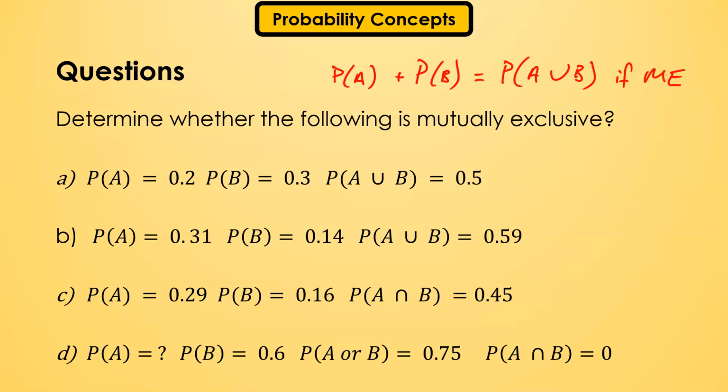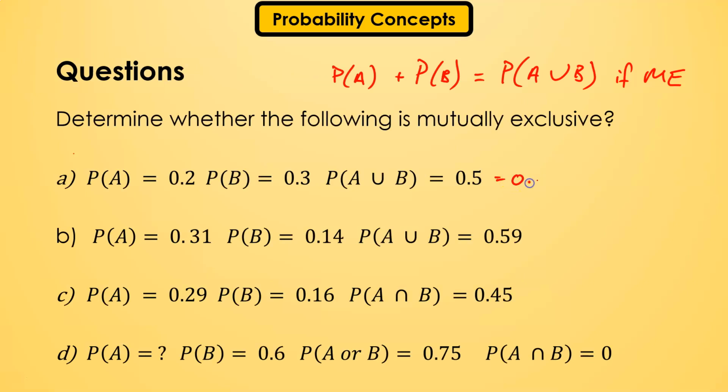Okay, so if we take a look at A, is it mutually exclusive? Well, we've got 0.2 plus 0.3 equals 0.5. That means that these events are mutually exclusive.